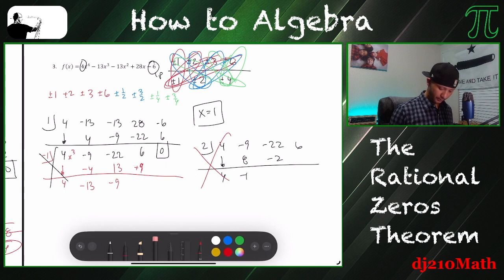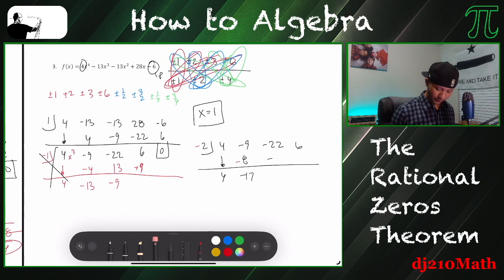What if, let's try negative 2. So negative 2 times 4 is negative 8. This would be negative 17 times negative 2, negative 34. No, positive 34.